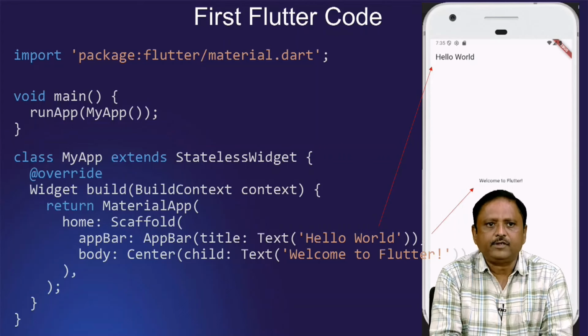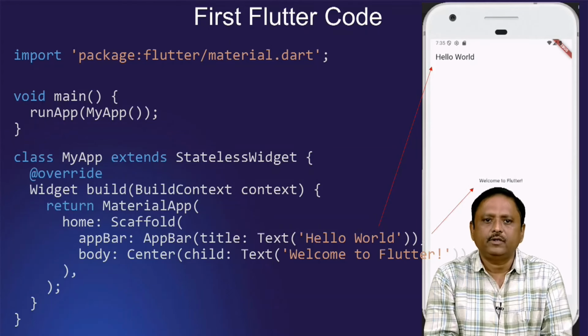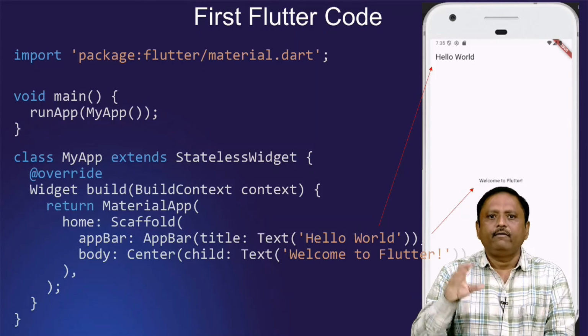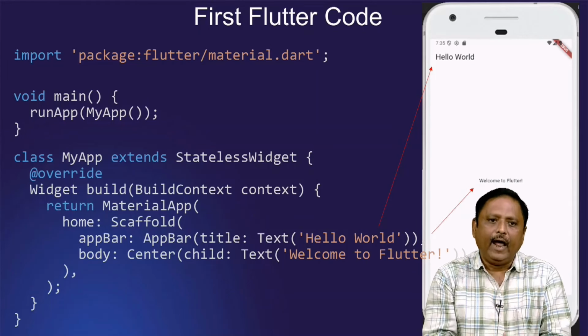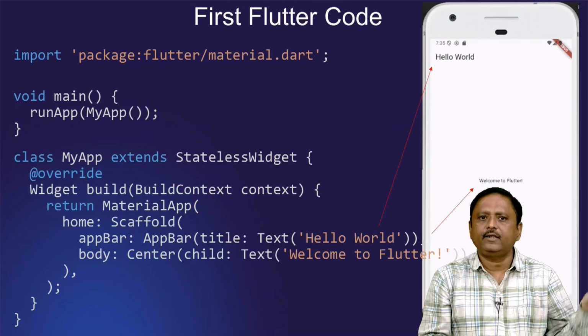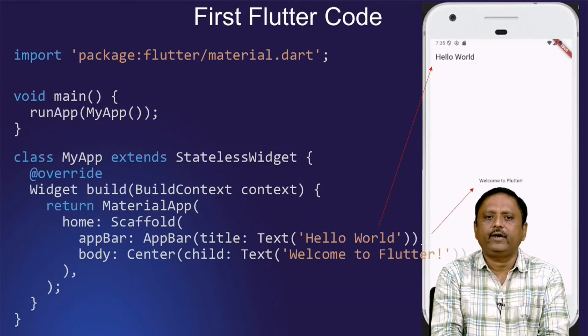The very first statement is an import statement which includes this material.dart file in our code so that we can create a material app. Now what is material app? In Flutter, design other than iOS is called material design or material app design.